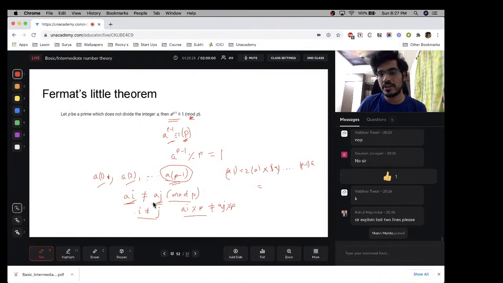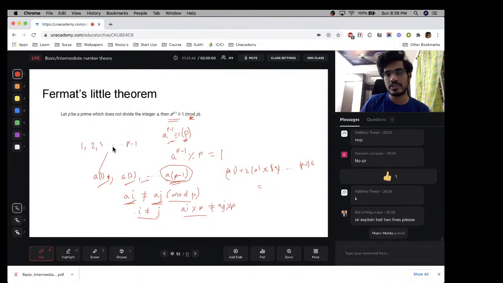Since ai not equal to aj for different i and j, every a, 2a, 3a, so on up to p minus 1 a, each of these corresponds to some number between 1, 2, 3, so on up to p minus 1.